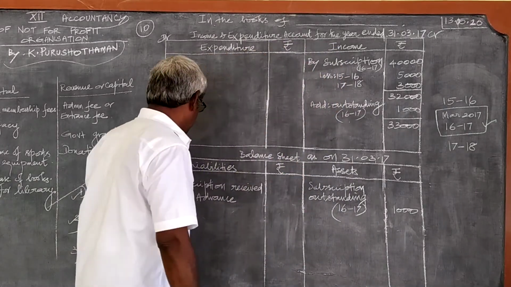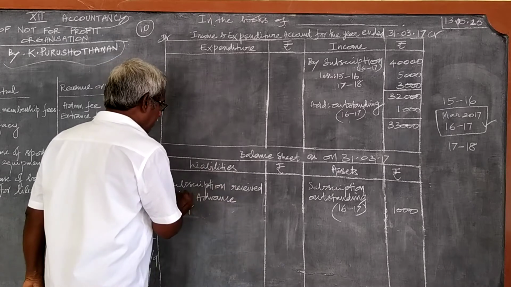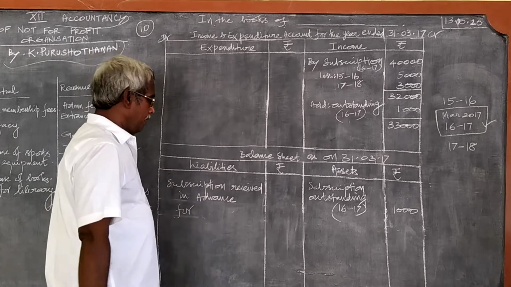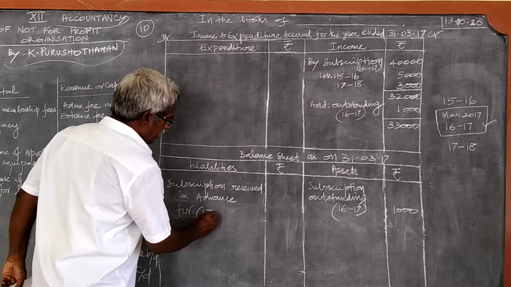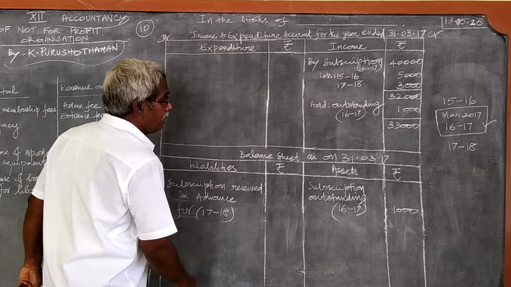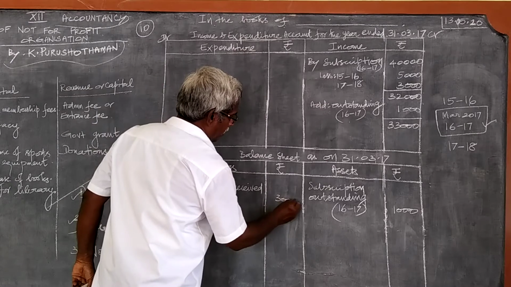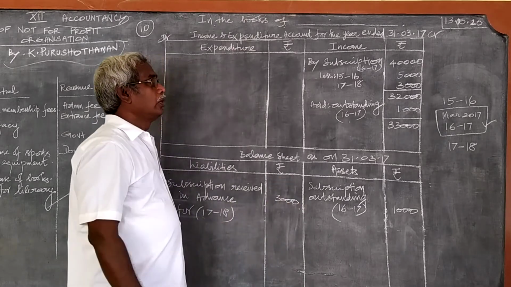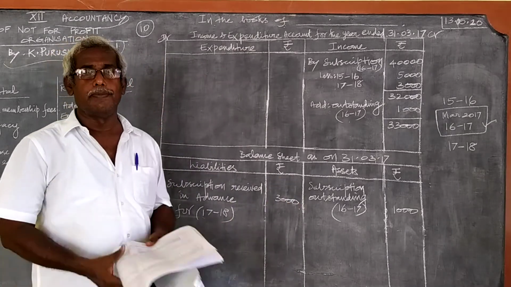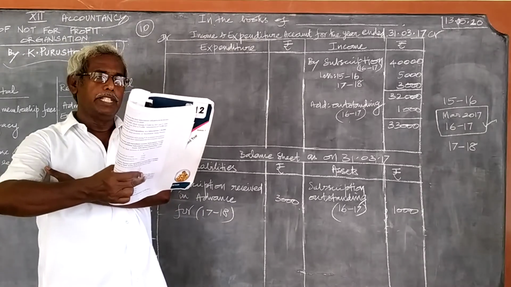So this is the subscription received in advance for the year 17-18. What is the amount received in advance? 3,000. So that's all about the final accounts. Once again I repeat it.